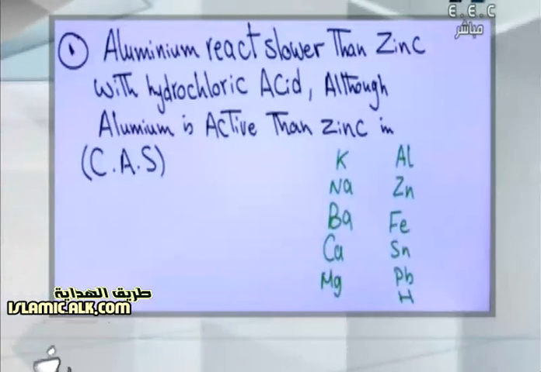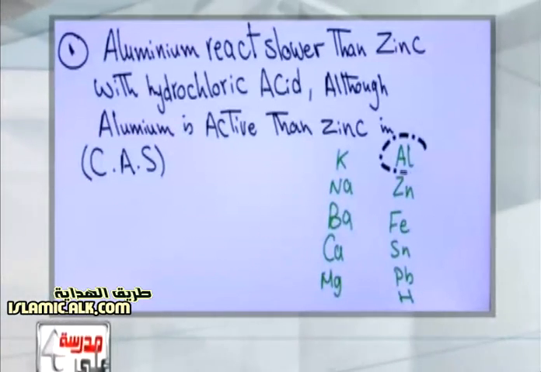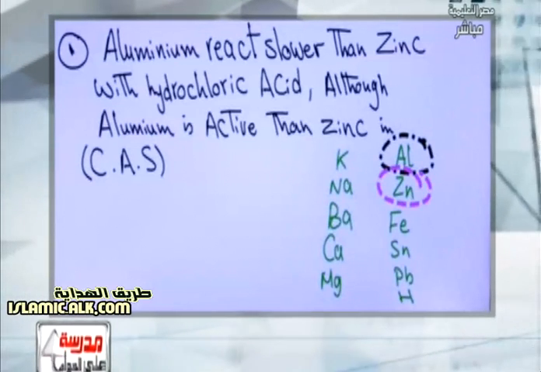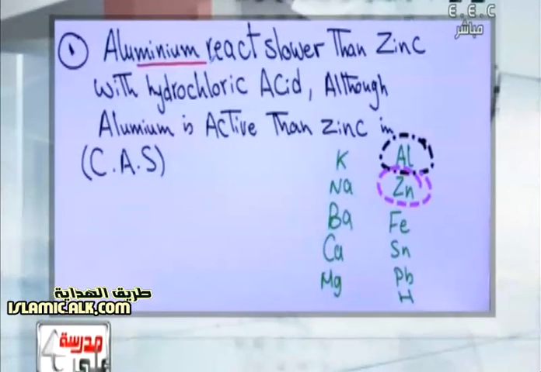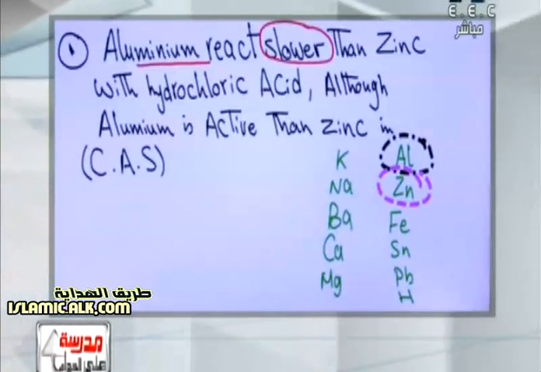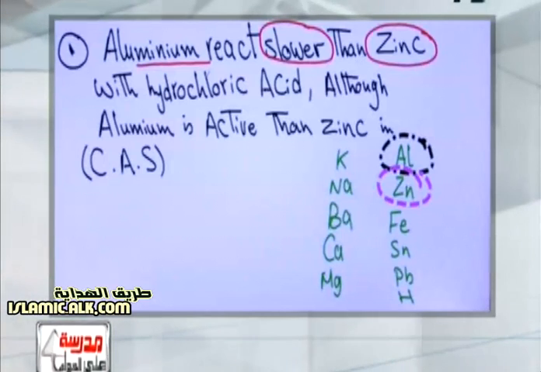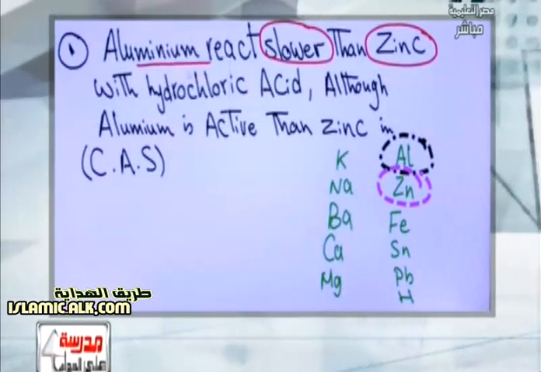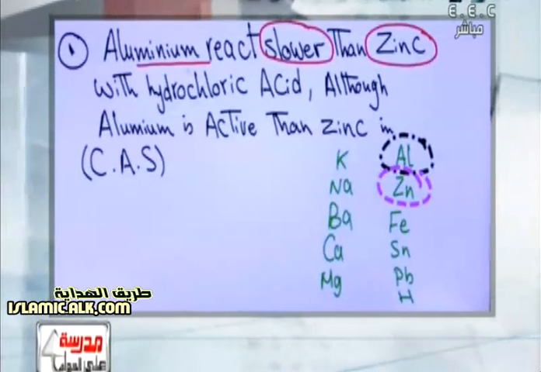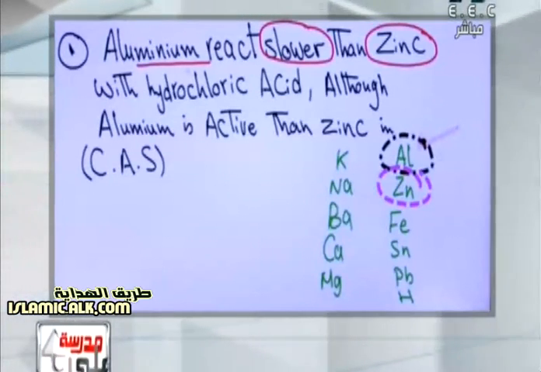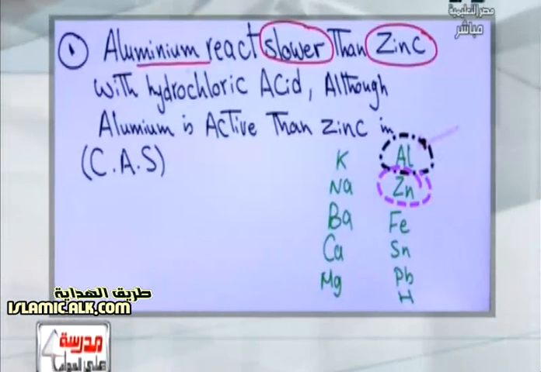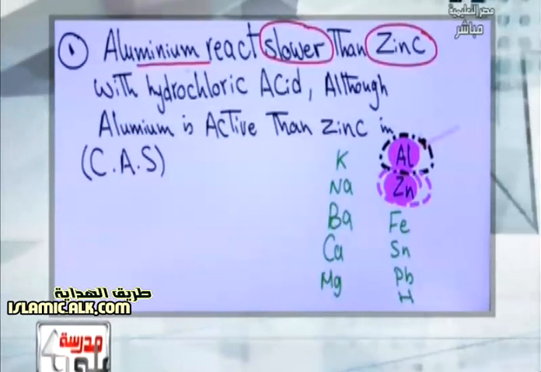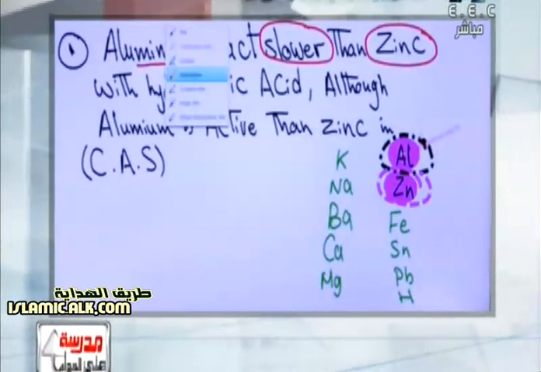We have here aluminium and here we have what? We have zinc. Yes, aluminium how come react slower than zinc with hydrochloric acid although aluminium is active. هو فعلا active, is more active. Aluminium is more active than what? Than zinc. Yes. اقول له يبقى اكيد في another reason, another factor here.